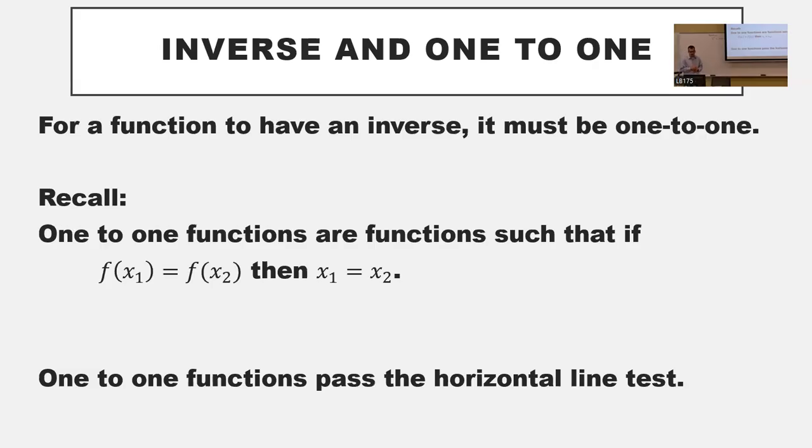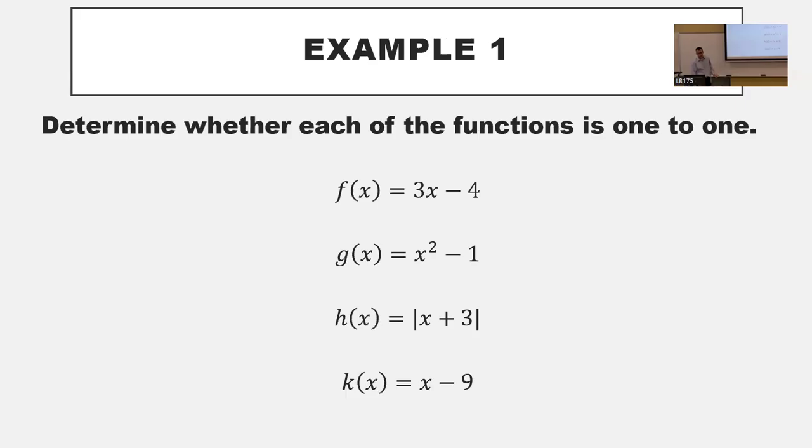So in other words, a function passes the vertical line test, and one-to-one functions also have to pass the horizontal line test. Now, this is not going to be a huge sticking point for this class. We'll see how we can get around it in just a moment.